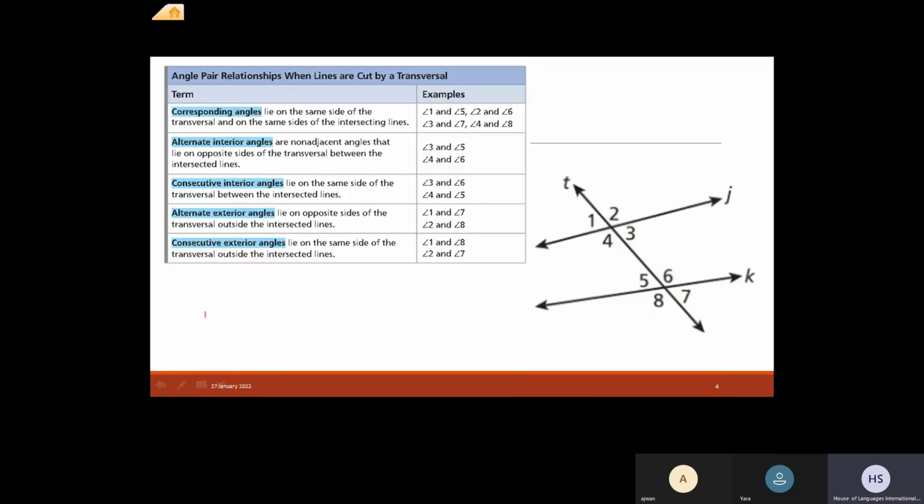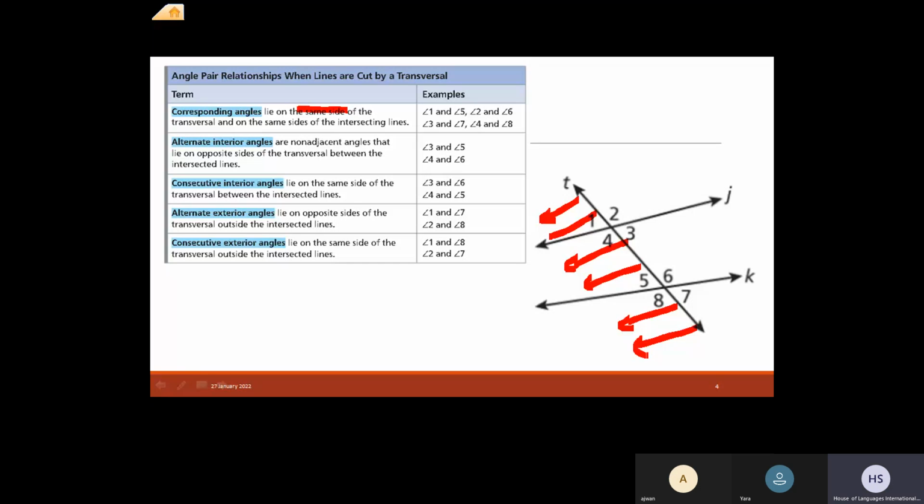Now, corresponding angles. They are on the same side of the transversal. What do I mean by on the same side? When we talk about the same side of the transversal, I'm going to the red area, and the same side of the intersecting lines.